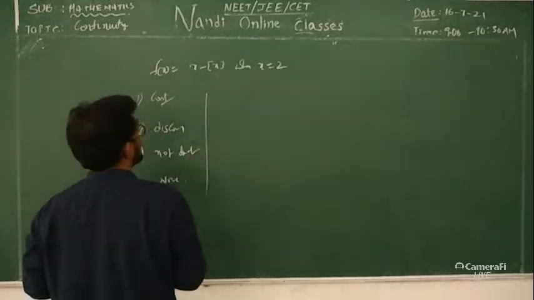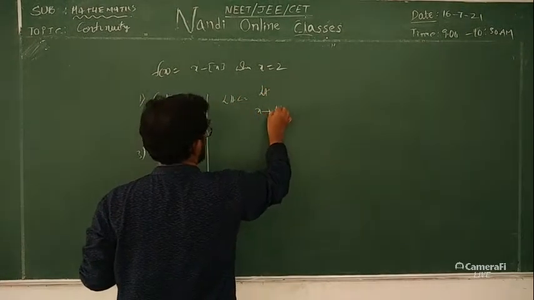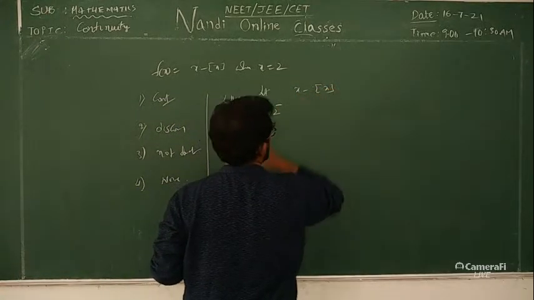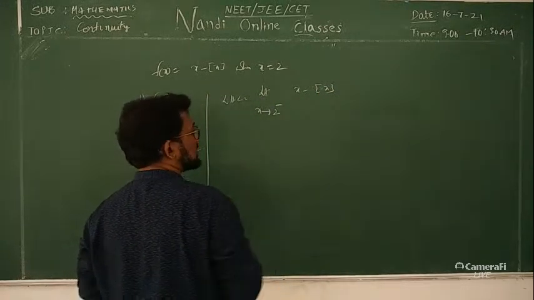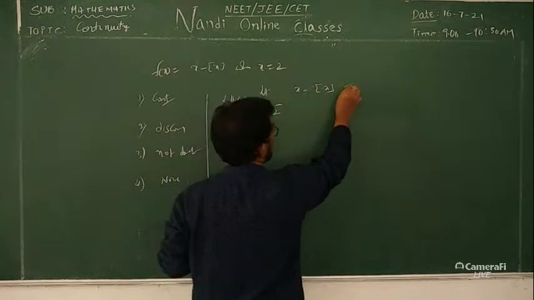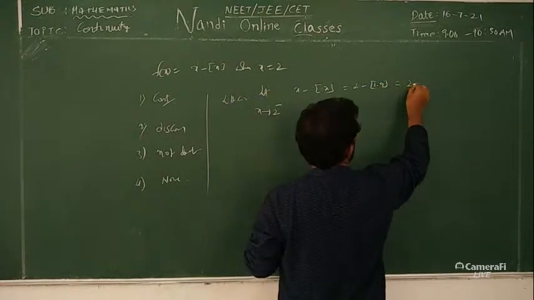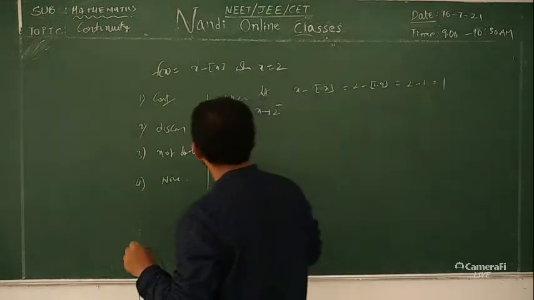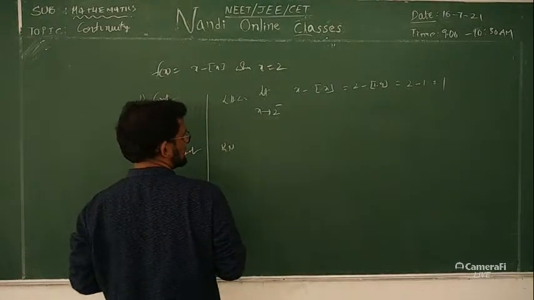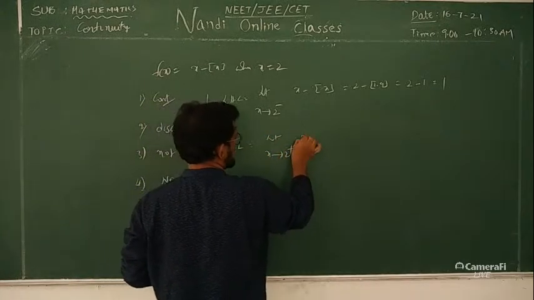Simple. LHL we try to calculate. LHL is nothing but limit x tends to 2 minus x minus step x. 2 minus is nothing but, can we guess 1.9? 1.9 step x is nothing but 1, so 2 minus 1, this is 1. RHL, limit x tends to 2 plus.